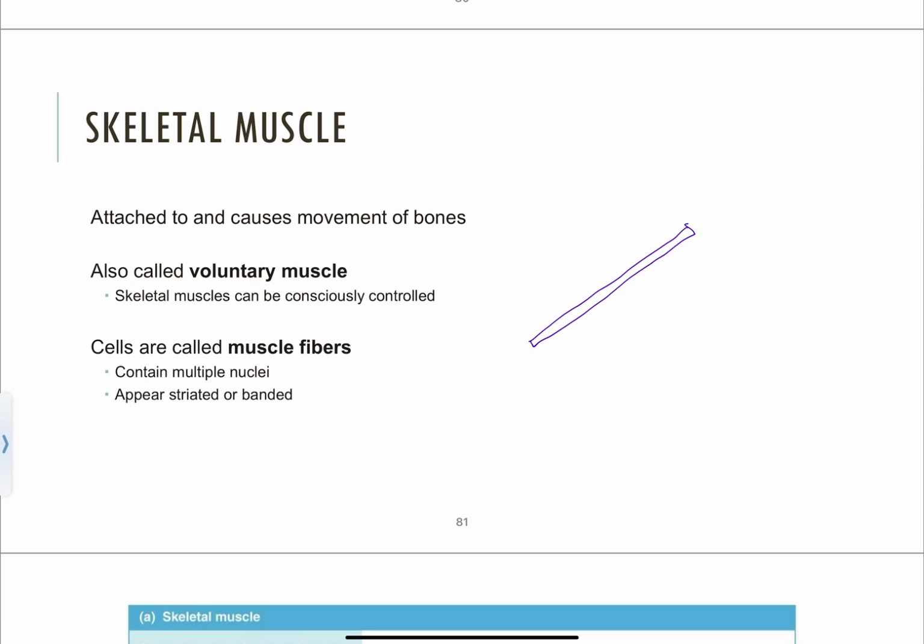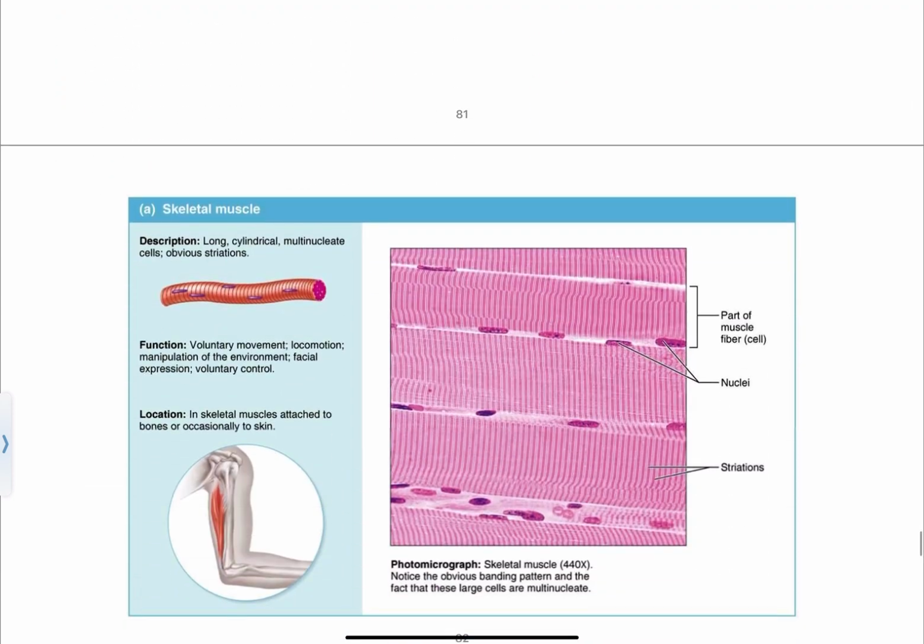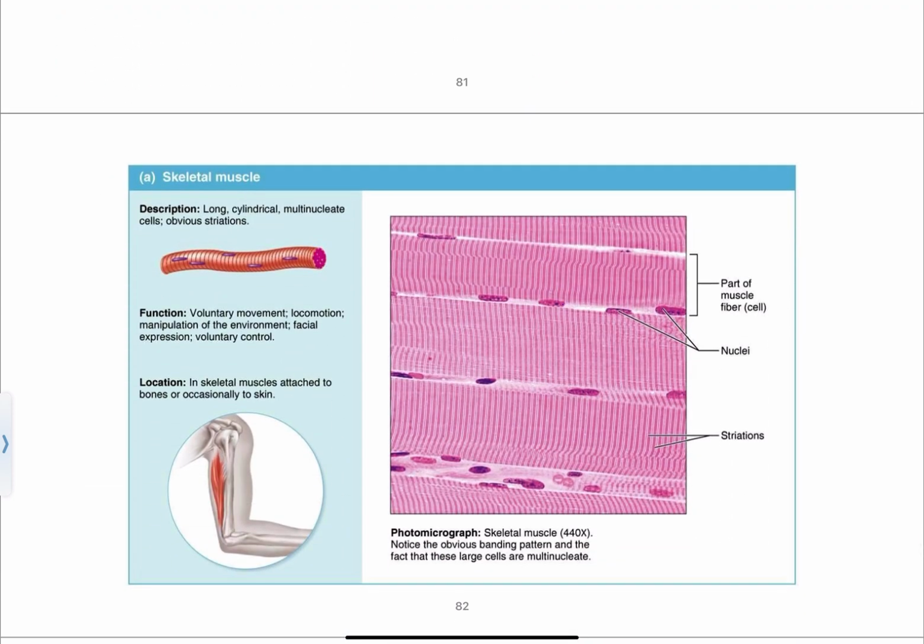Again, we're going to need tons of mitochondria and multiple nuclei in our skeletal muscle cells because they have to generate so many proteins and so much energy in order for us to have movement within our body. And they also appear striated or banded. So we see these bands that look like light bands and dark bands. Let me show you right here. We can see a dark band right there, and then adjacent to it's a lighter band.